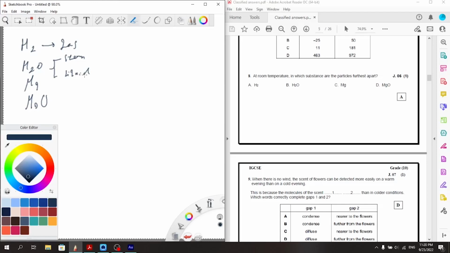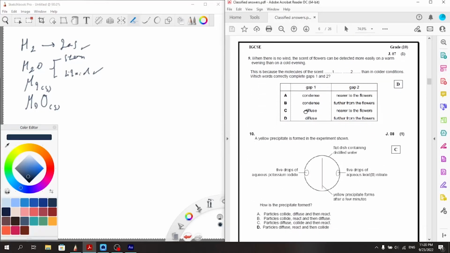How can we differentiate? It says at room temperature. At room temperature, at 25 degrees Celsius, water is in its liquid form, of course. If you want it to be steam, you have to heat it to 100 degrees Celsius. Magnesium is a solid. Magnesium oxide is a solid that we'll talk about later on. It's a white powder, so it's a solid. So the answer is hydrogen, A.